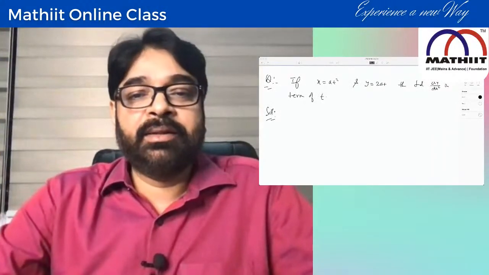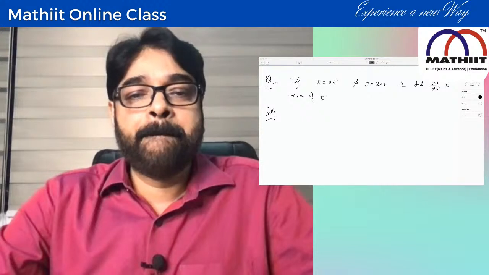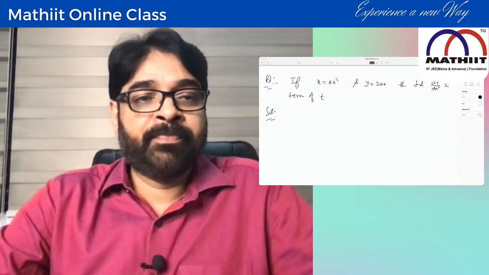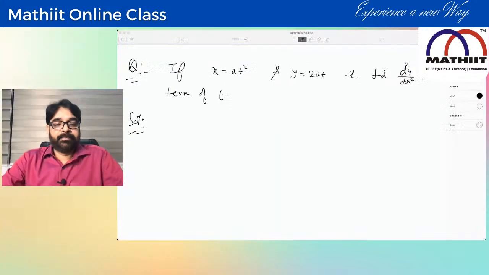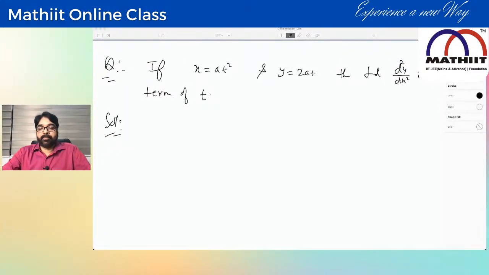Just 30 seconds. Quickly do it, everybody. You have to find d square y by dx square. Be clear.